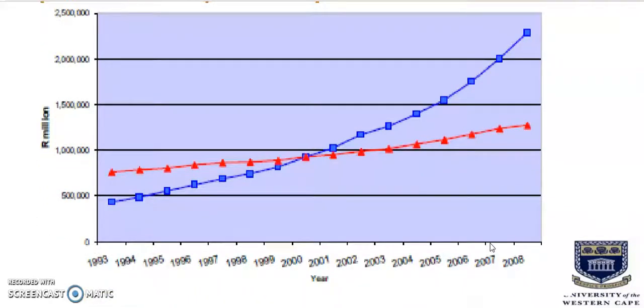On the vertical axis, you have your GDP in millions, and on the horizontal axis, you have your years. So before the year 2000, real GDP was greater than nominal GDP, and in mid-2000, the two were equivalent. And then after that, nominal GDP became greater than real GDP.